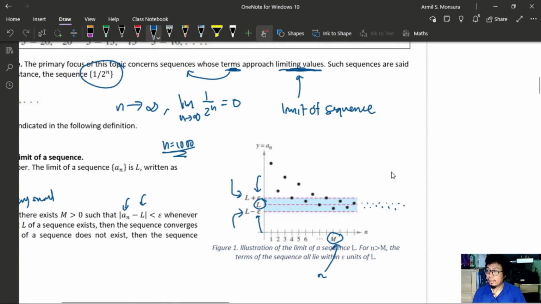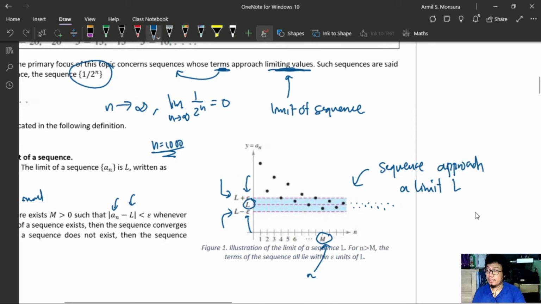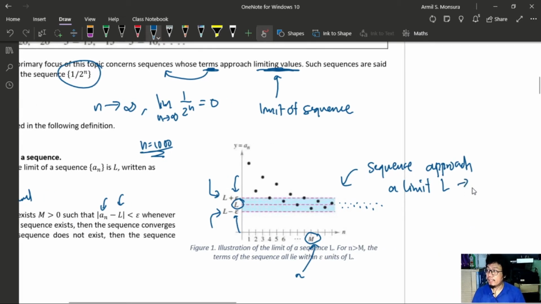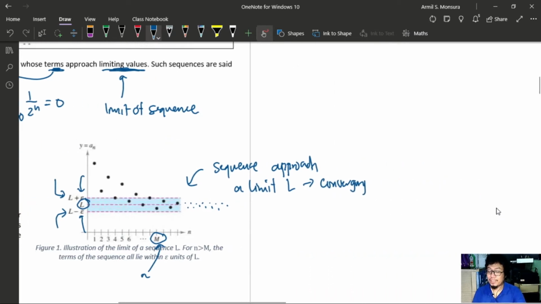So again, if this is the case, your sequence approaches a limit L, and in that case, we say that your sequence is converging. That's the action word for that. We classify that sequence as a convergent sequence.